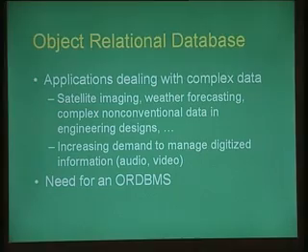Now the middle path is to use object relational databases, that is, can we use both objects within relations and vice versa. Object relational databases again are meant for applications dealing with complex data like satellite imaging and weather forecasting and so on, where the complex data is in turn associated with a number of traditional data which can be mapped onto tuples.